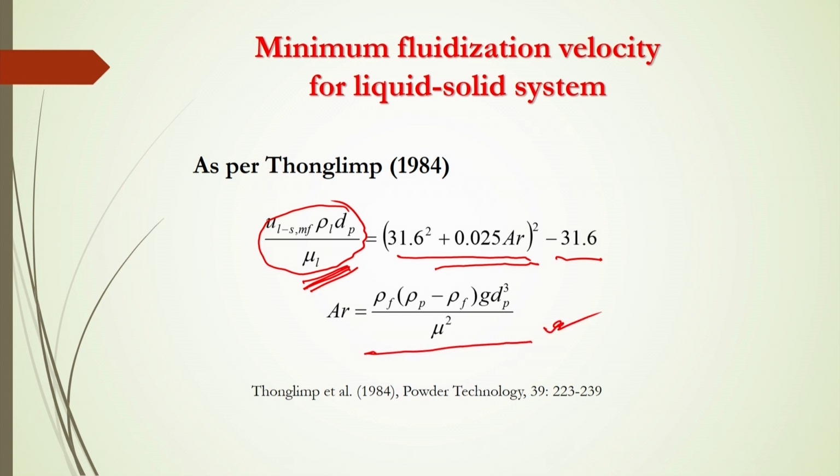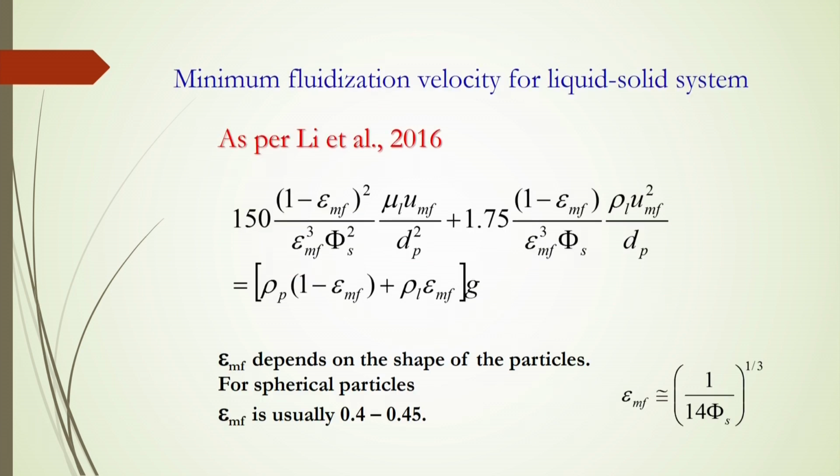So, Thonglimp 1984 proposed this concept to calculate the liquid-solid minimum fluidization velocity. Another important, recently developed correlation is given by Lee et al. in 2016 on how to calculate the minimum fluidization velocity for a liquid-solid system.